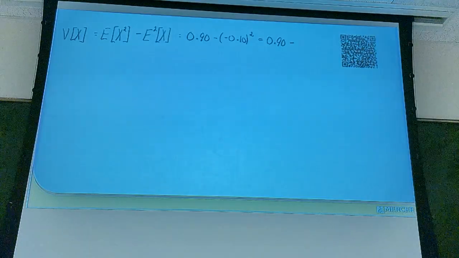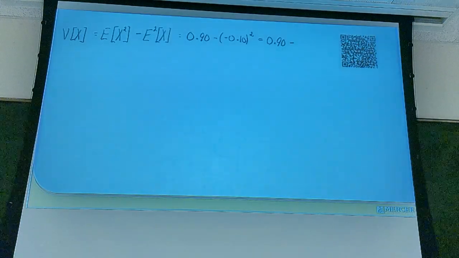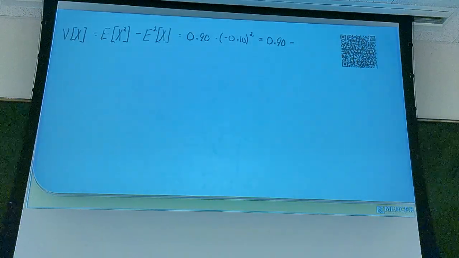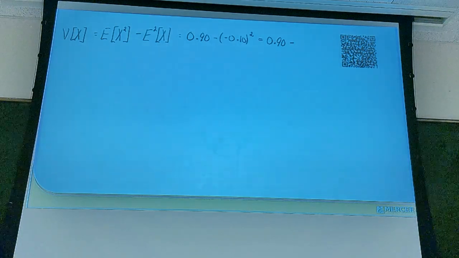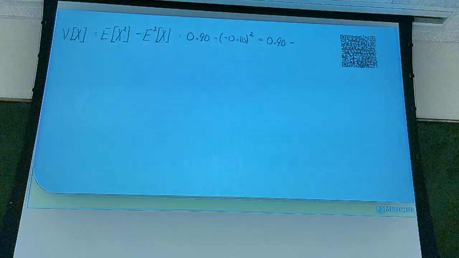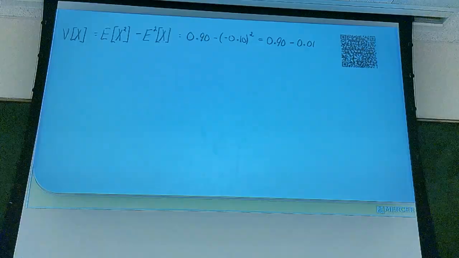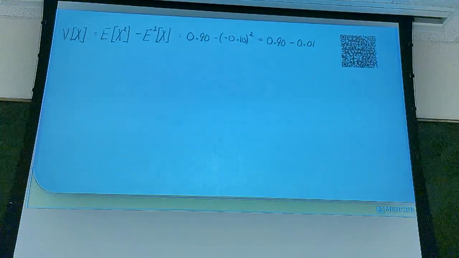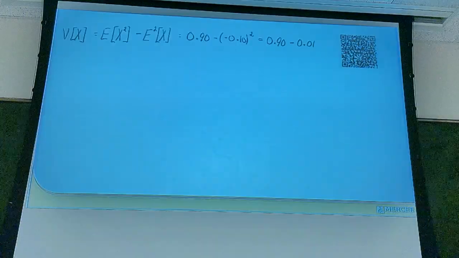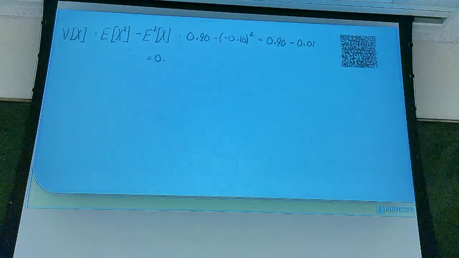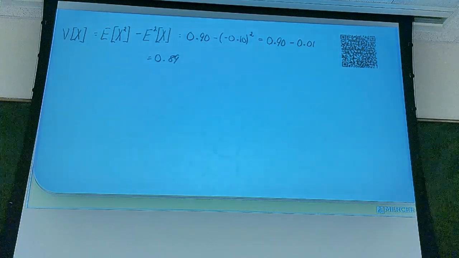What is 10 squared? 110. What's 10 squared? 1.1. 10 squared is 100, right? So 0.01 is 0.1 squared. Gives you 0.89.